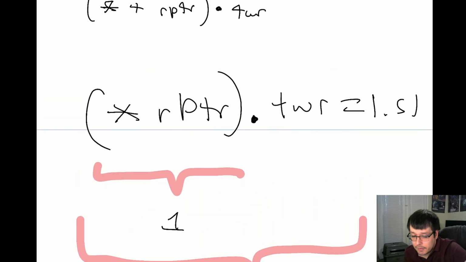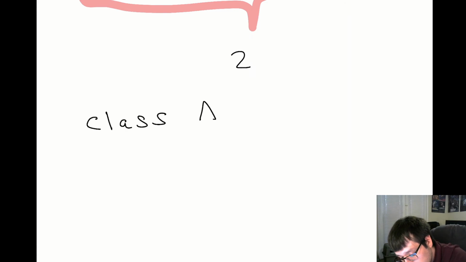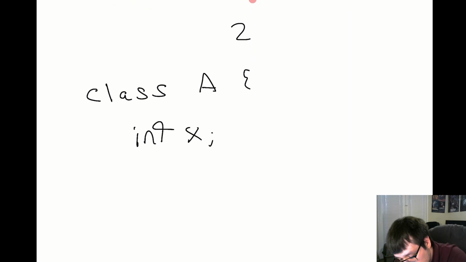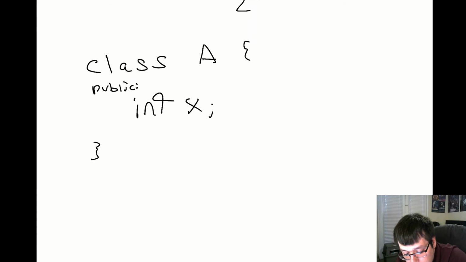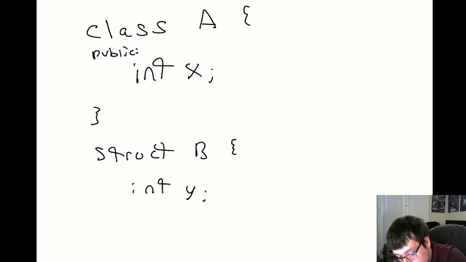Let's go more complicated than this. Let's say we have class A, and class A has an int x in it, okay? Let's say we have a struct B. Struct B has an int y, but also has a class A in it.